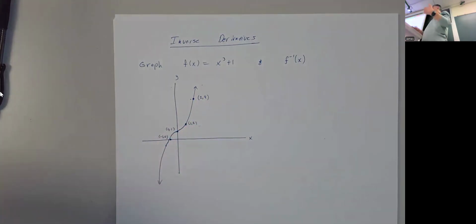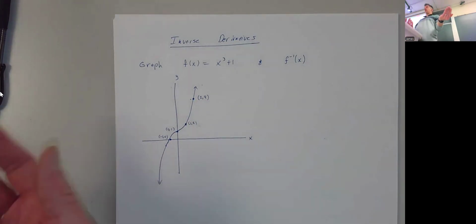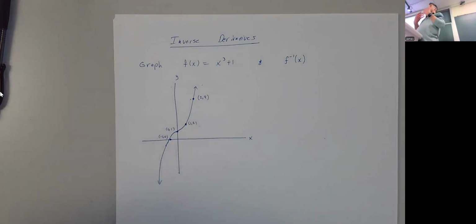What I actually want to point out here is that if you were just given this graph and asked to graph the inverse, the way you could start graphing the inverse is by literally taking every coordinate pair you have and interchanging x and y. Because how do you find the inverse function? By interchanging x and y.